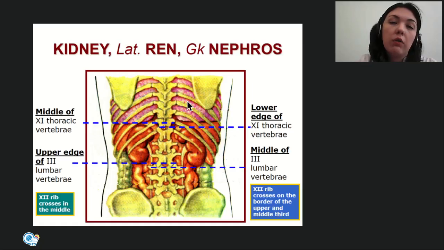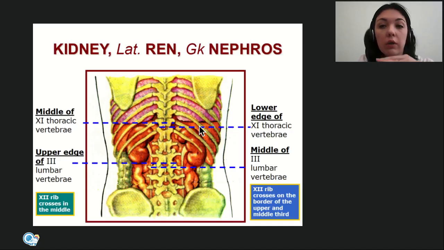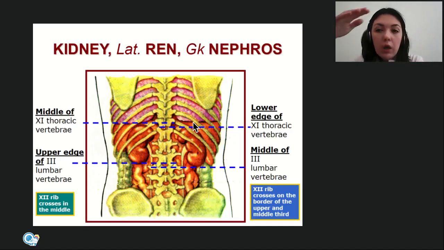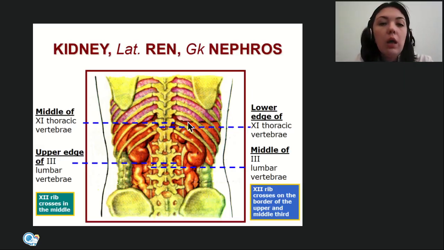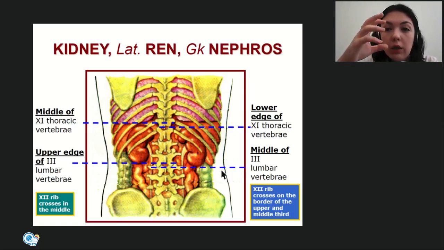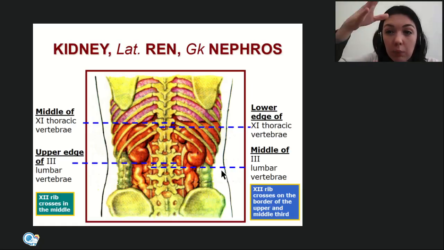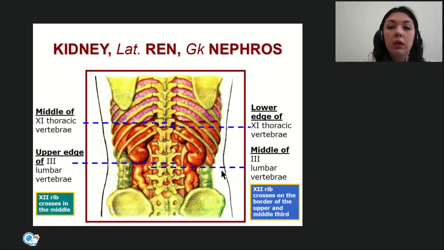When we studied the lungs, we said the same, that the inferior boundary of the right lung is located upper because it is pushed by the liver. And now we say the same about the kidneys. So right kidney is located lower because it is superiorly pushed by the liver. So liver is a very big organ.